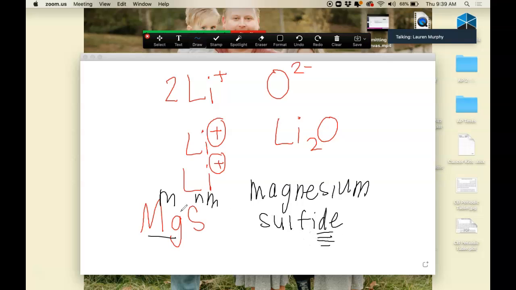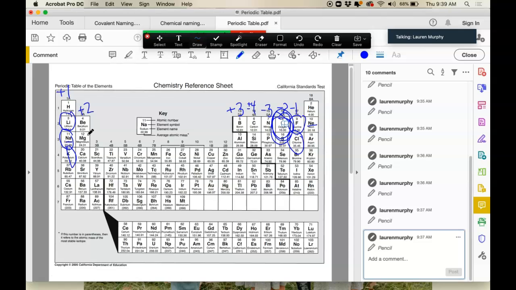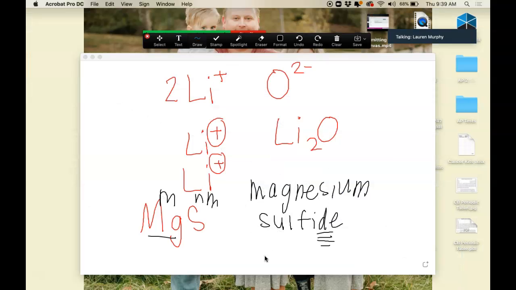Why do they go together like this? Let's reference back to the periodic table. Magnesium is right here, +2. Sulfur is right here, -2. Magnesium +2, sulfur -2. +2 and -2 cancel out, so you just have an Mg and an S. Magnesium sulfide.